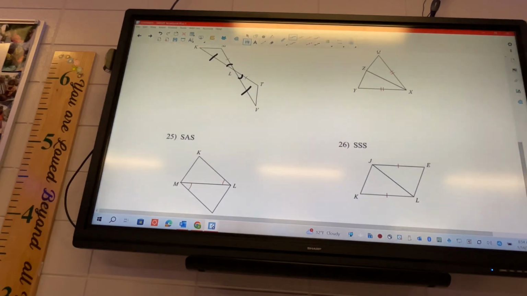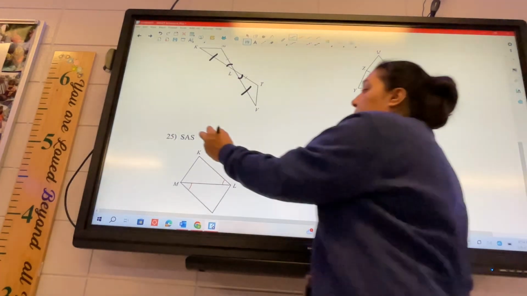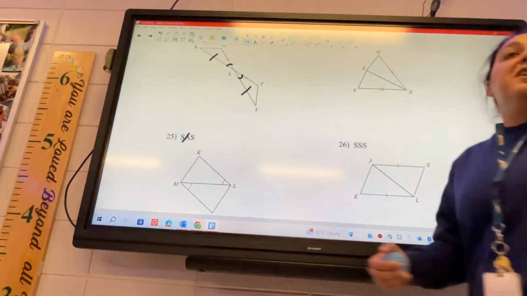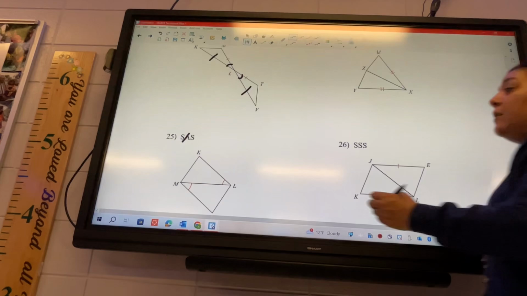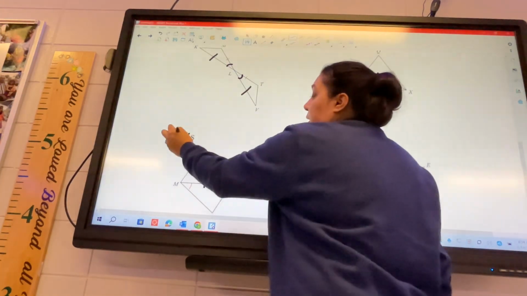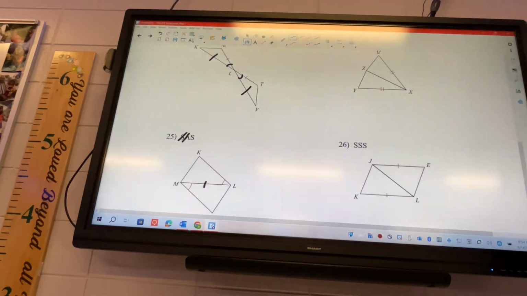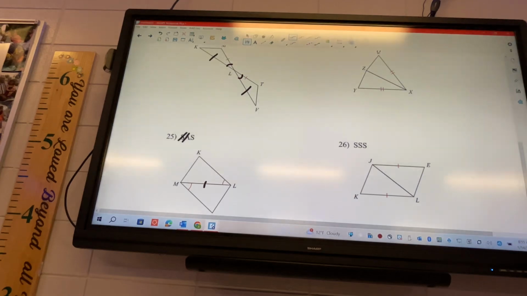Okay, 25 says side, angle, side. What is already marked? The angle. The angle, so we can cross off the little A. Okay, are these touching? Yes. So we can mark what? A side or an angle? A side. The side in the middle can get marked, so we can cross that off. So what does it say I have left to still mark? I need to mark another side. Where does that have to get marked?